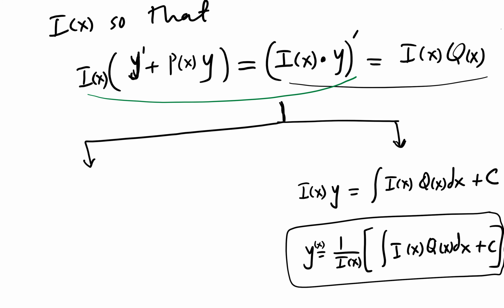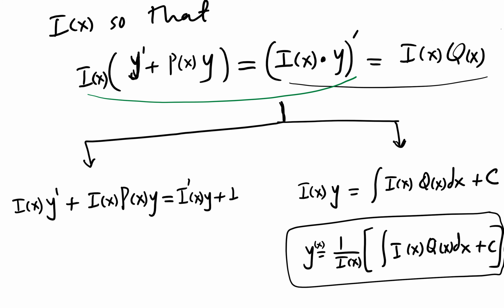What can I do on the left side? I can distribute I of x in. So I of x times y prime plus I of x times p of x times y equals, on the right, I can do product rule: I prime of x times y plus I of x times y prime.